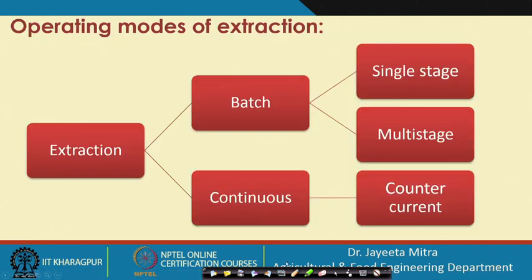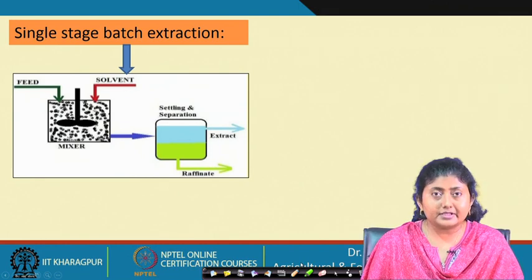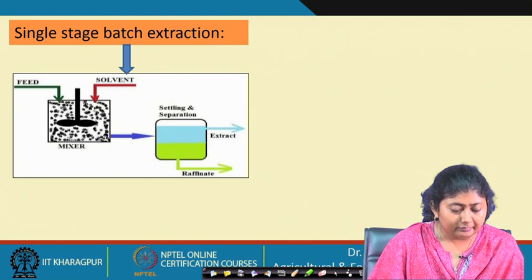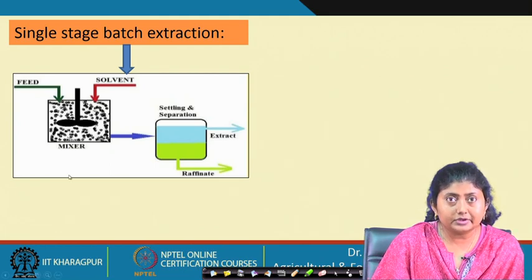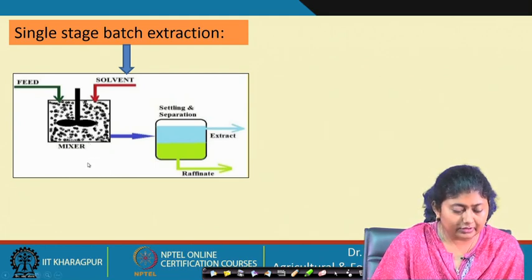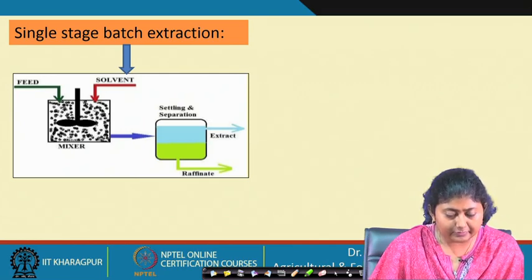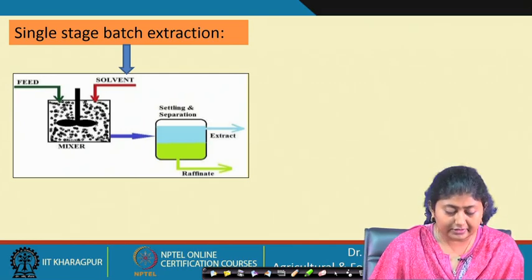Another operating mode we can think about is extraction in either batch or continuous mode. In batch, there is single stage, multi stage and counter current stage. In the single stage batch, as we mentioned at the very beginning of this chapter, the feed and solvent come into a mixer chamber, where there is proper mixing by paddles or agitators, and then settling and separation occur in another section.